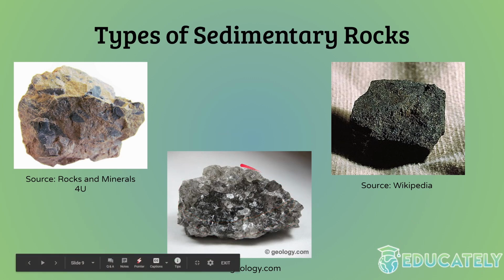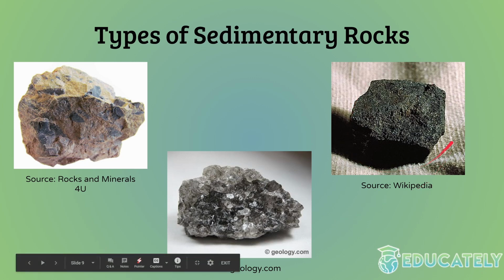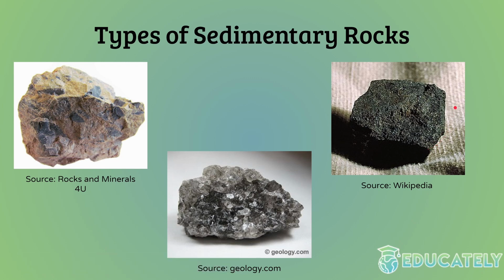I'm not sure what the exact type is, but this formed from the same chemical process I mentioned earlier, most likely from evaporating liquid, and then it formed as a precipitate in the remaining liquid. And then here we have the other type, an organic sedimentary rock. This is an example of coal, as I mentioned. It's from decayed plant matter that's organic, what used to be part of a living organism at one point.